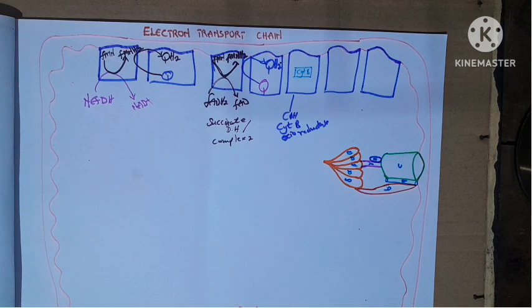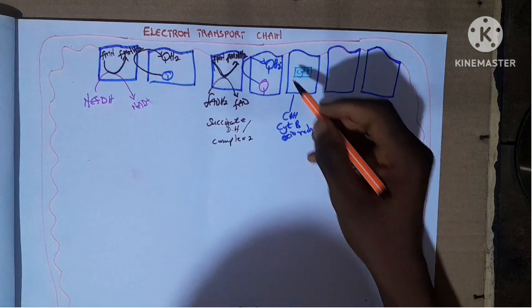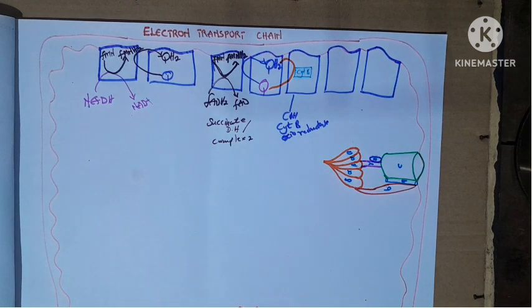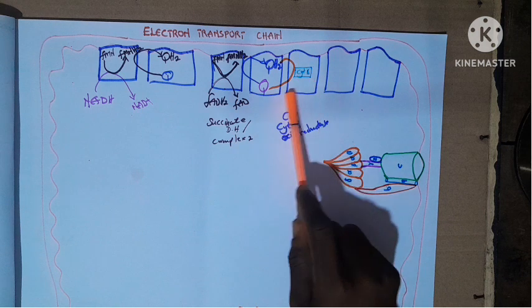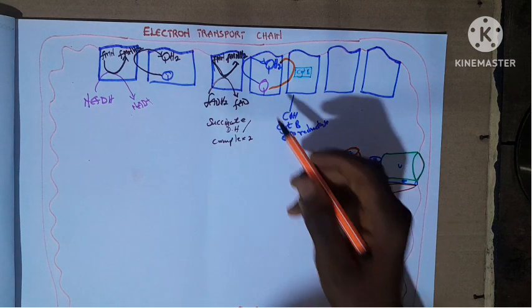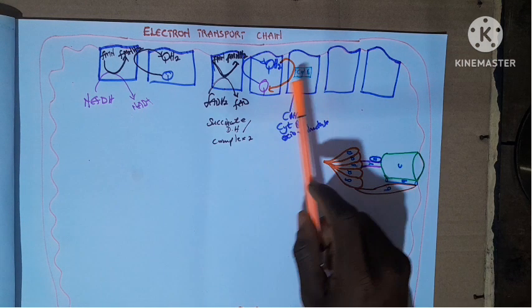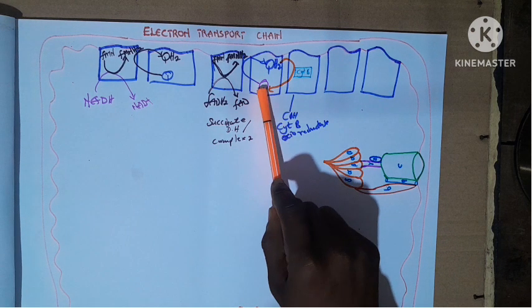When it reacts with this cytochrome b, it gets back to its original state because it has given out its electrons.